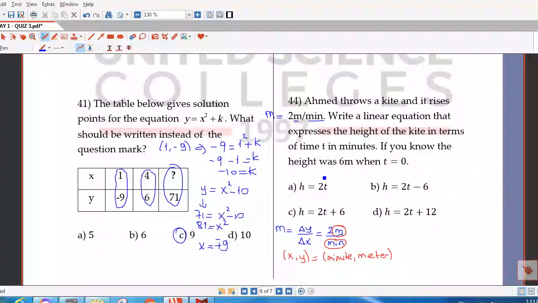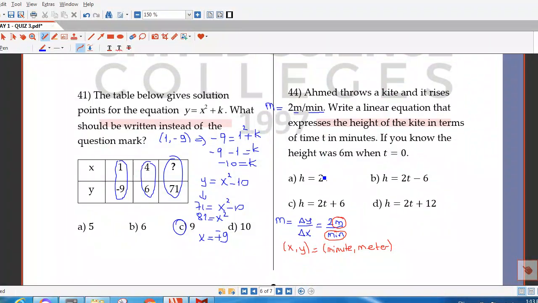Question 44. Ahmed throws a kite and it rises 2 meters per minute. Write a linear equation. A linear equation needs a slope and a point. And 2 meters per minute is going to be the slope, in this problem, I mean average rate of change. If we pay attention, meter is going to be used instead of y, and minute is going to be instead of x.